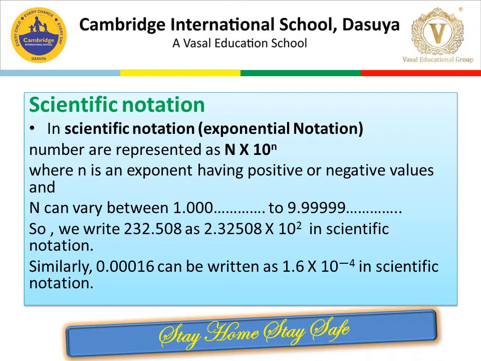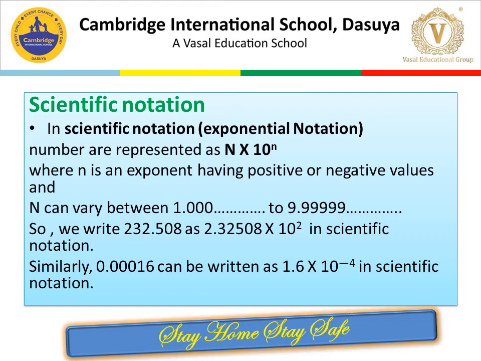Similarly, 0.00016 can be written as 1.6 into 10 power minus 4. Here what is happening? The decimal place has to be moved 4 places to the right, and as a result minus 4 is the exponent in the scientific notation.